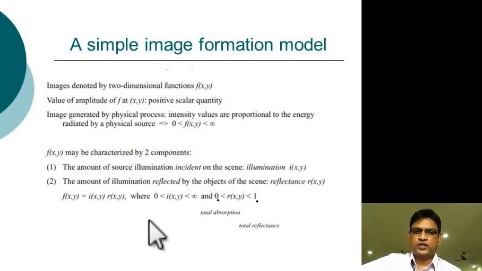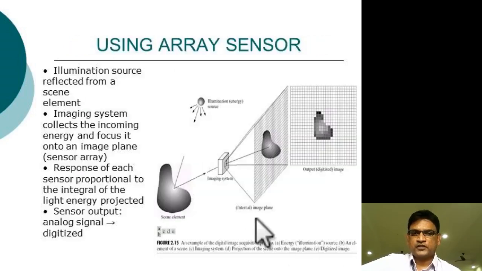This light source has a non-negative energy and also a finite energy, and you can observe here f of x, which is the image function, is greater than 0 and less than infinity, meaning that it is a finite value. Moreover, we have seen that there are two components required for forming an image. One is energy coming from the source, and the other is the energy coming from the objects present in the scene.